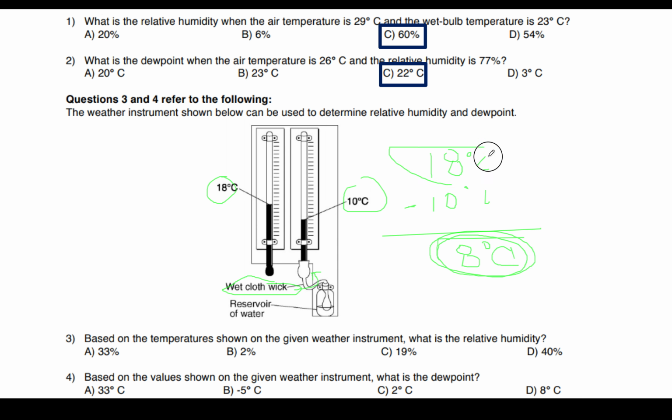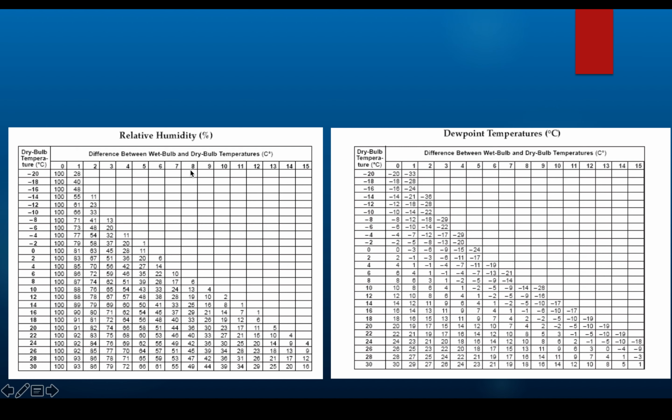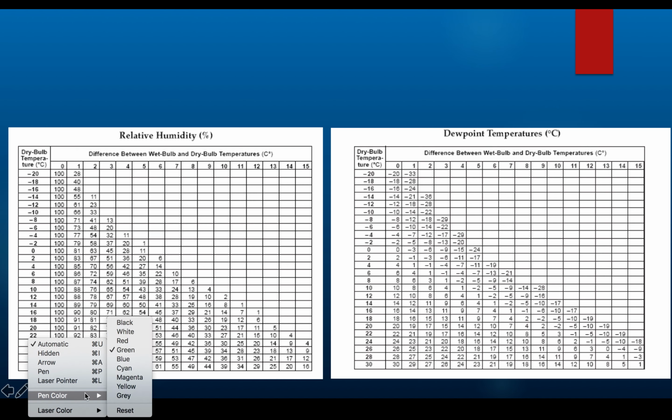So here's our dry bulb. Here's our difference. We need to figure out, for question 3, the relative humidity. So we're at the relative humidity chart. As we mentioned, the difference is 8.